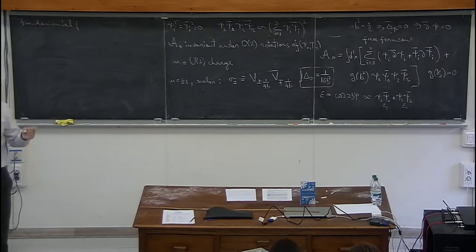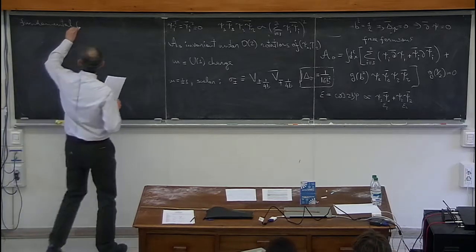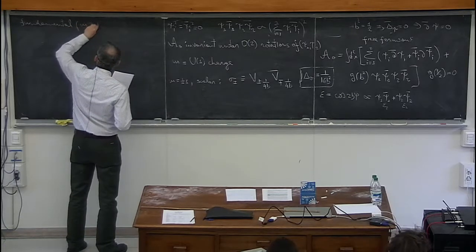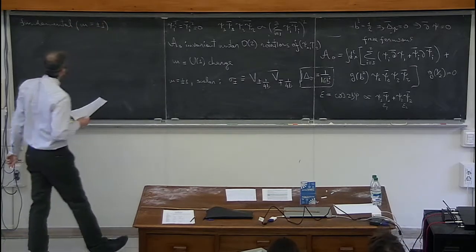Since they are chiral, they have a spin, so the integer m appearing in p minus p bar has to be non-zero, and fundamental means that it takes the minimal value, plus or minus 1. So minimal charge.